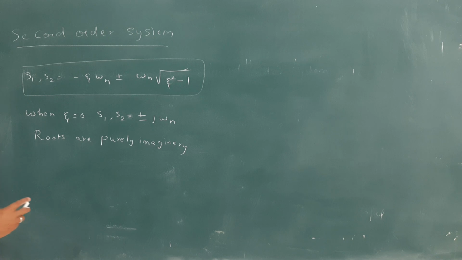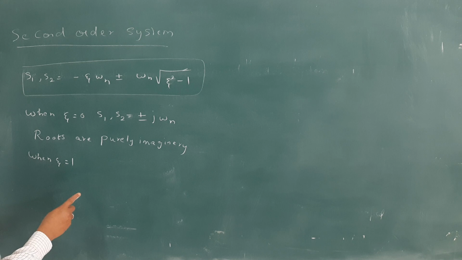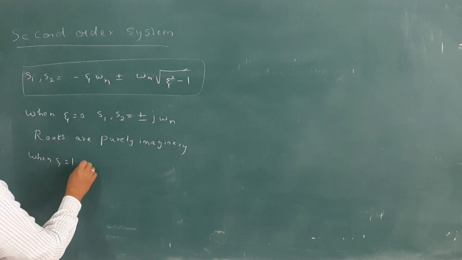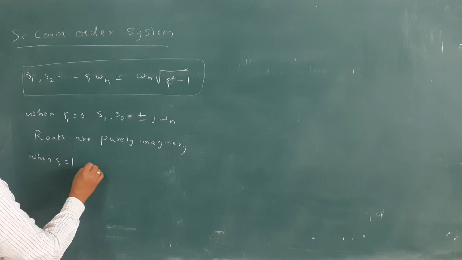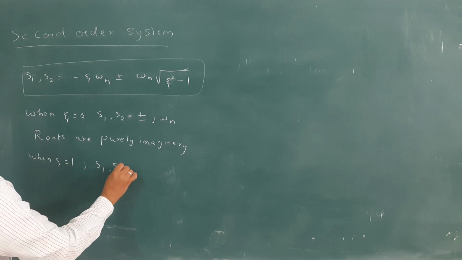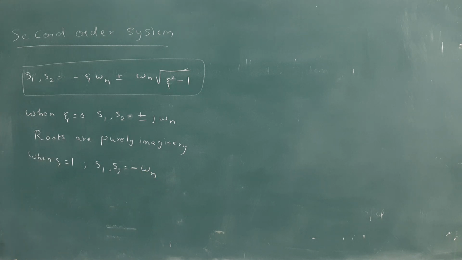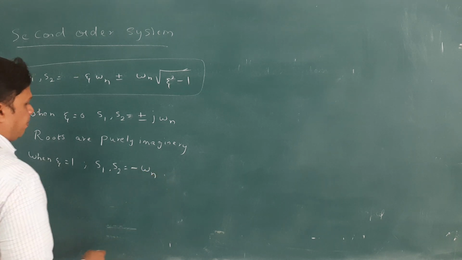Next, what is the value when zeta is equal to 1? S1 comma S2 is equal to minus omega n, as the square root term completely becomes 0. So what are the roots here?